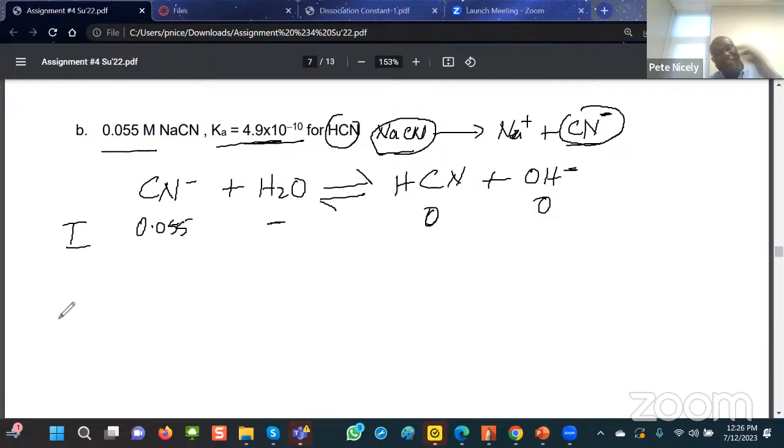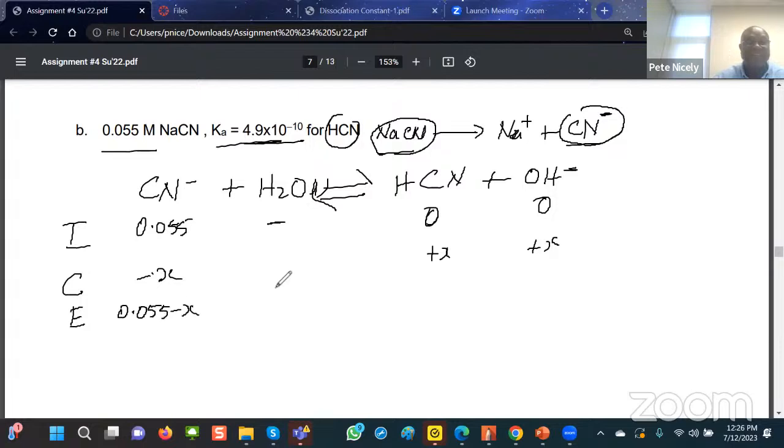Because the water, there's a whole lot of it there, and therefore its concentration will not change, especially because it's a liquid right there. We're going to do the same thing as we did before. We're going to look at the changes. So this will be minus X, this will be plus X, and this will be plus X, all right? And then we're going to write down the equilibrium terms. Here we're going to have 0.055 minus X. Here we're going to have X, and here we're going to have X.